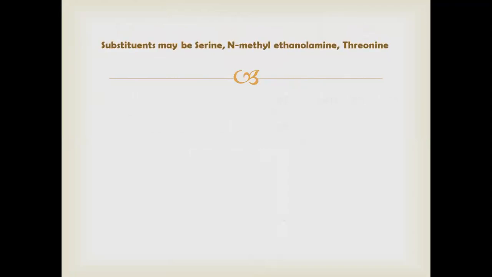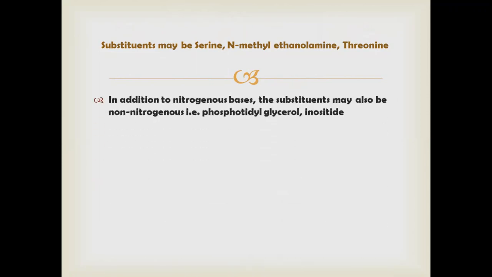As we said, the substituents could be serine, N-methyl ethanolamine, threonine, or whatsoever group that has to be attached at the position where we have mentioned X. वहाँ पर जो है ये substituents की attachment होगी. In addition to nitrogenous bases, the substituents may also be non-nitrogenous like phosphatidyl glycerol or inositide.